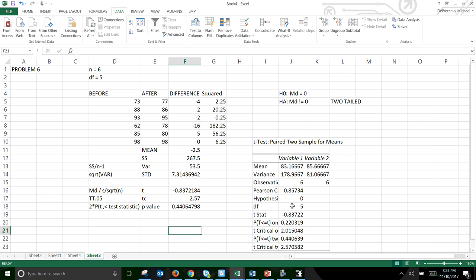Notice here, again, degrees of freedom only says 5. The t-statistic, negative 0.83, is the same as what we calculated, so that's good. And our p-value, 0.44, is what we got right here. So this one you also fail to reject, so really we're saying that the pre-test and post-test didn't really have much of a difference. Okay, thanks.